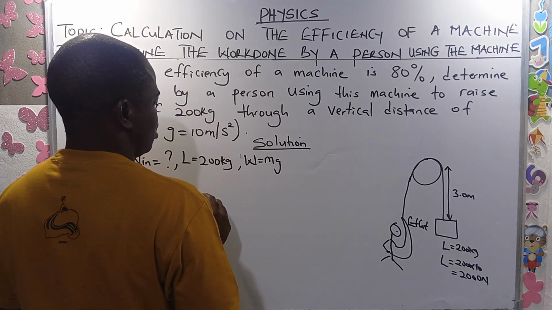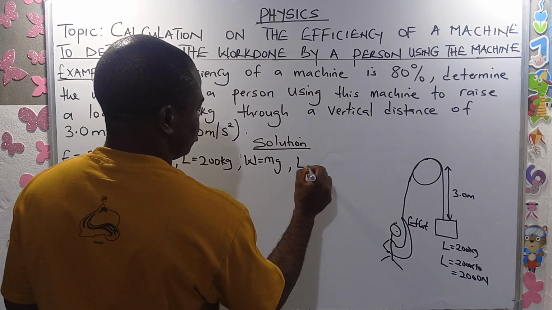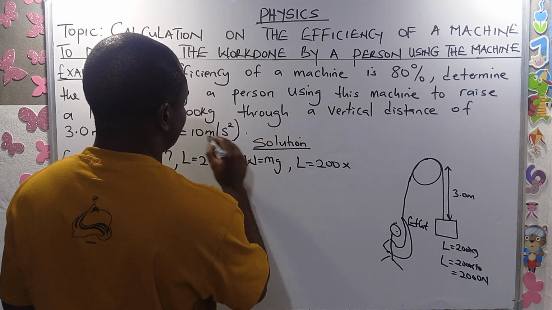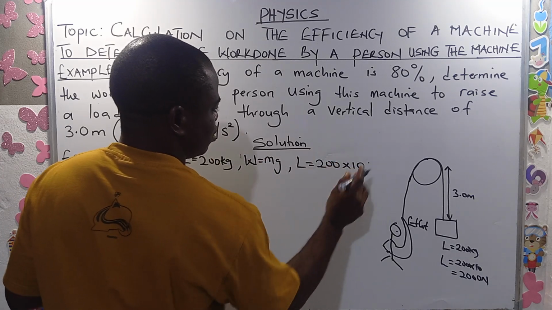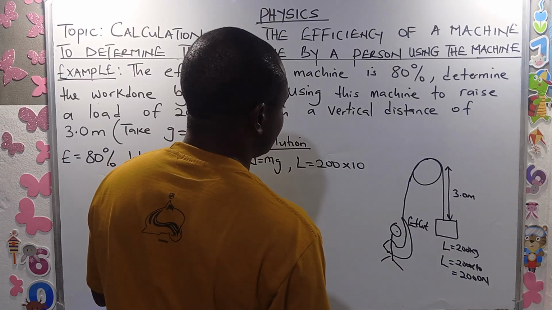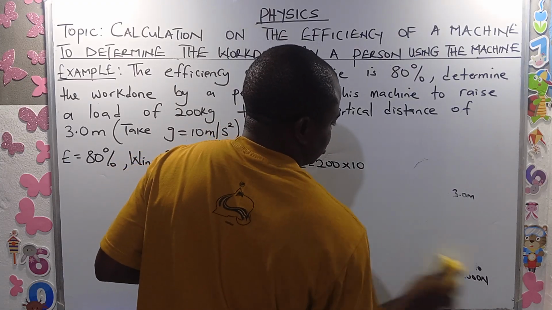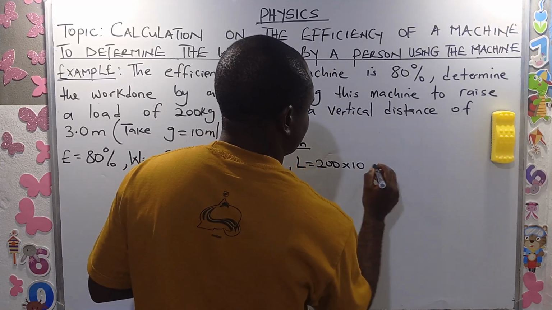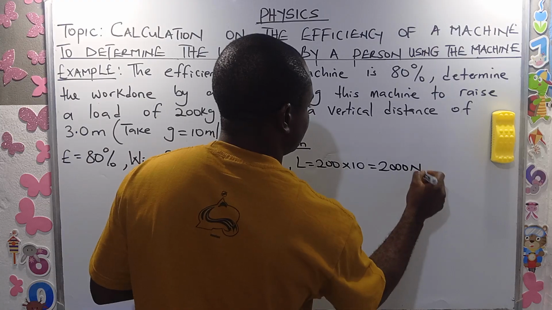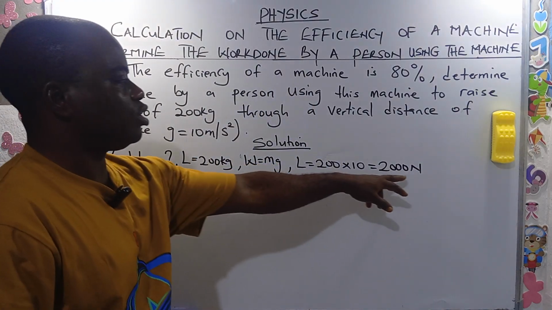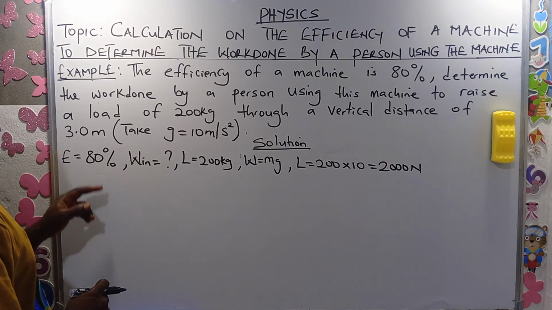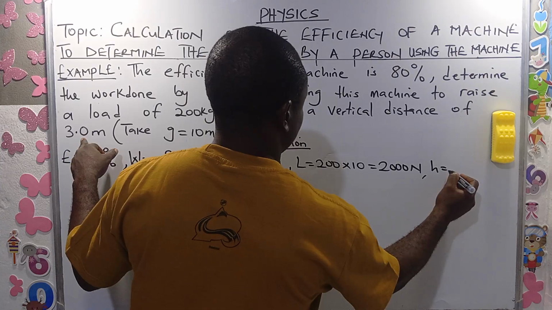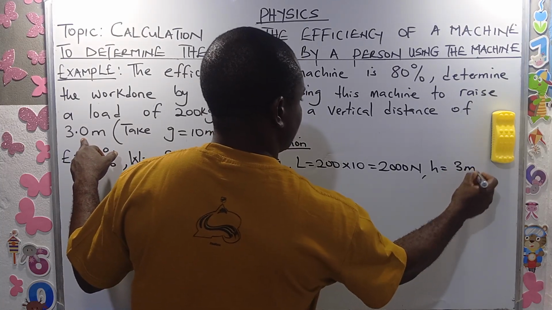Take note. The load will now be 200, which is the mass, times acceleration due to gravity, which is 10, which is now 2000 Newton. The unit of load is Newton. Okay, and the height h is 3 meters.